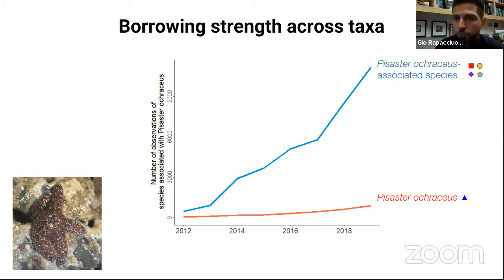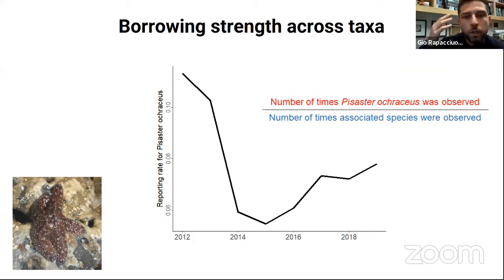And that's the blue curve that you see here. Those are the other species that tend to be recorded together with Pisaster. And that's based on analyzing all the data and deriving clusters of different species that tend to be recorded together. When we do that, we look at the red curve as a function of the blue curve. What we get is this pattern here, which is the proportional rate of observation on iNaturalist of Pisaster ochraceus, given that associated species were observed, or as a function of associated species.